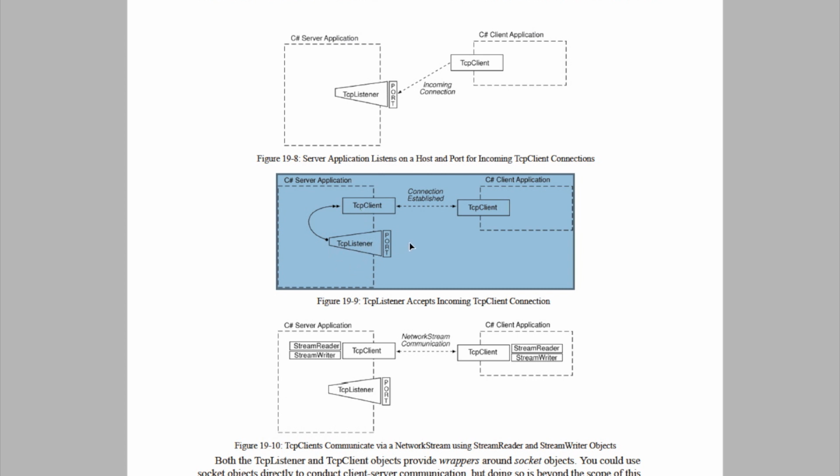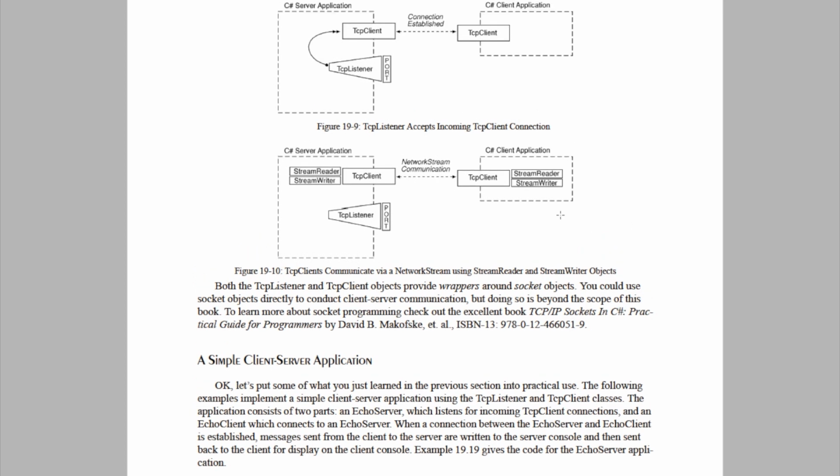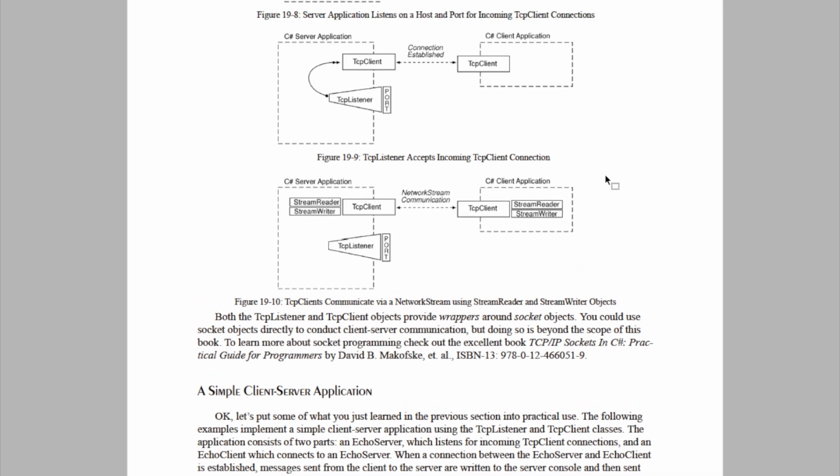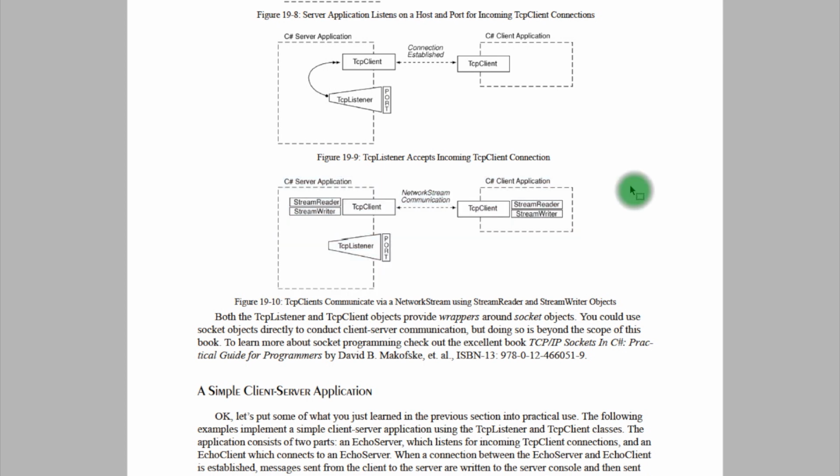So you can have more than one client connected to the server at any one time, and that would be called a multi-threaded server. And in the third diagram here, figure 19-9, we have the TCP client.